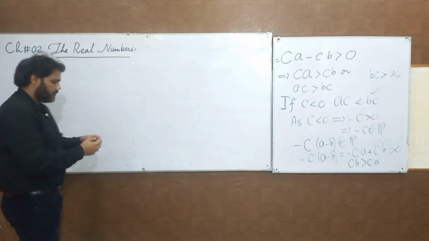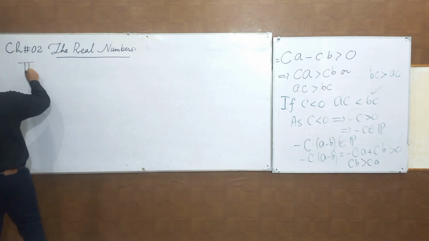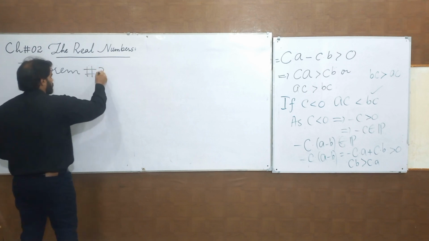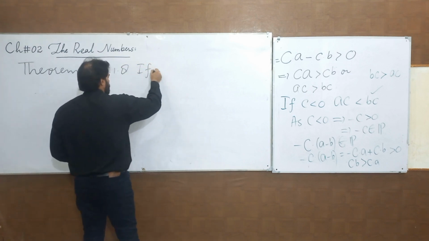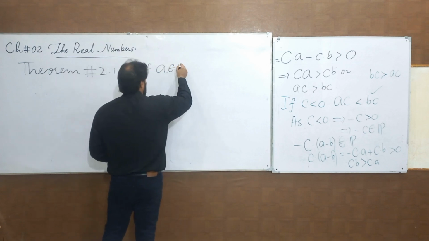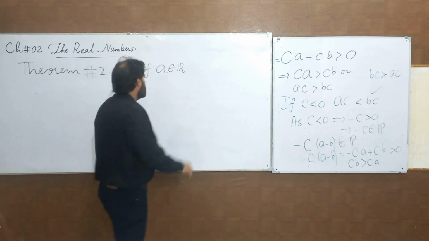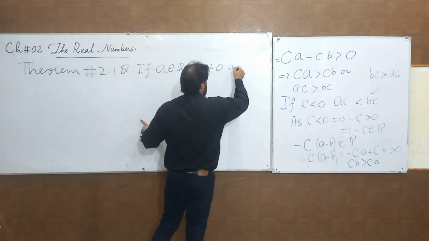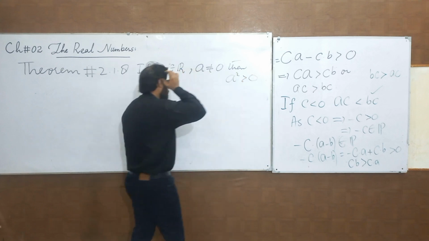In this theorem 2.1.8, we have to show that if A is any real number such that A is non-zero, then show that its square is greater than 0.